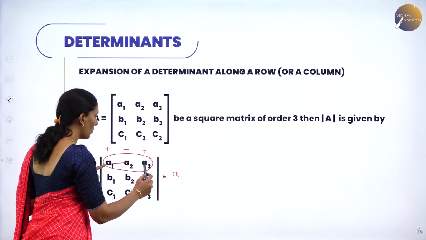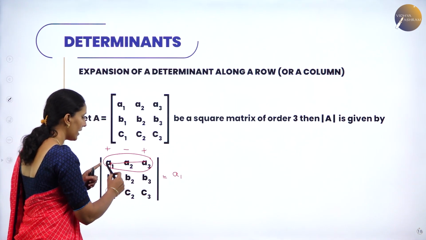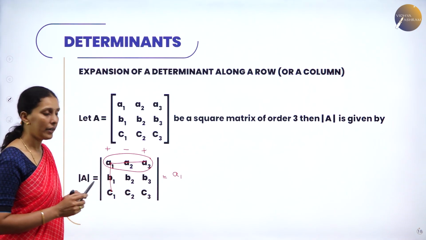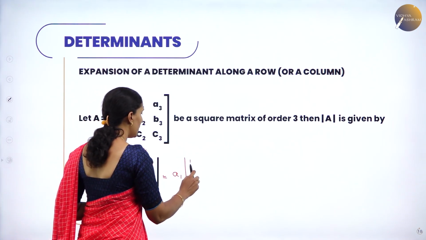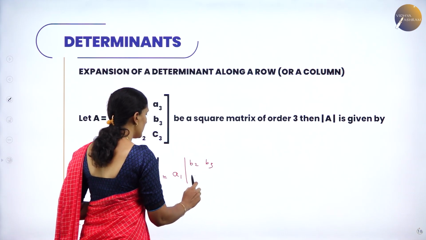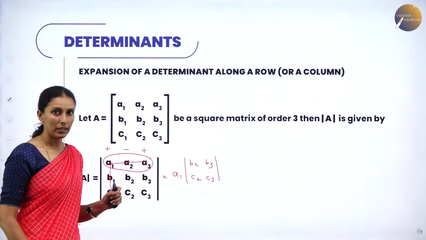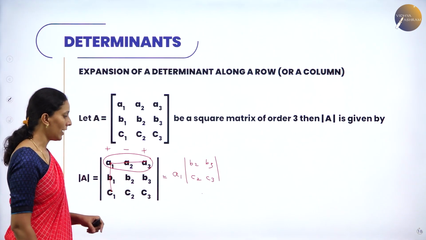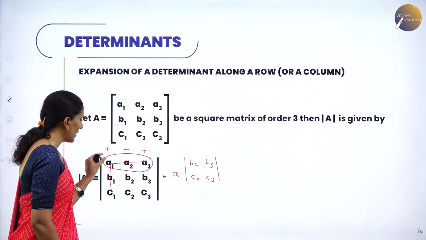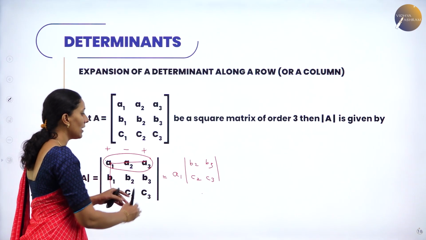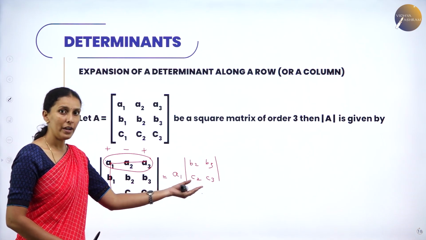We will delete the row and column containing A1 and the remaining elements should be written in the form of a determinant. That is B2, B3, C2, C3. We know how to evaluate a 2 cross 2 determinant, so we will do that later. An element's row and column has to be deleted and the remaining elements written in the form of a determinant.